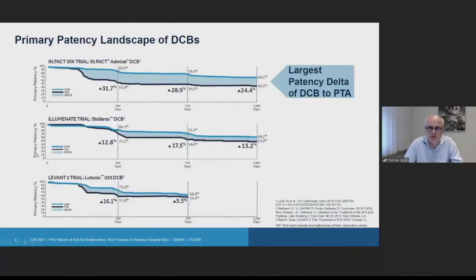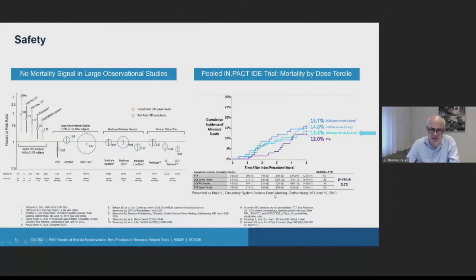Second, we have good long-term data, and the hardest data available showing a DCB outperforming plain balloon angioplasty come from the IMPACT study series. It's for sure the biggest series ever conducted so far evaluating a DCB. We can see that there seem to be differences in performance between different DCB brands.